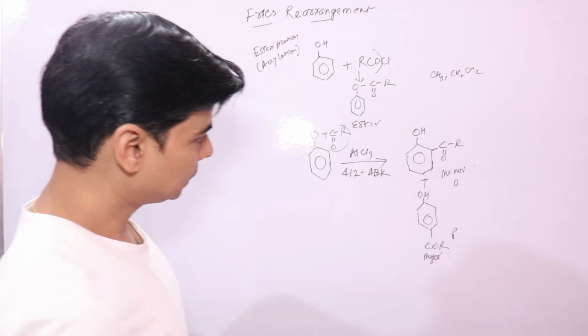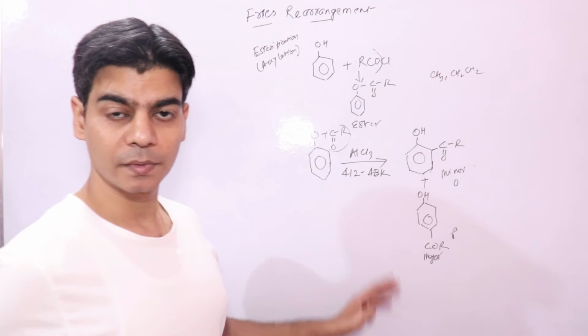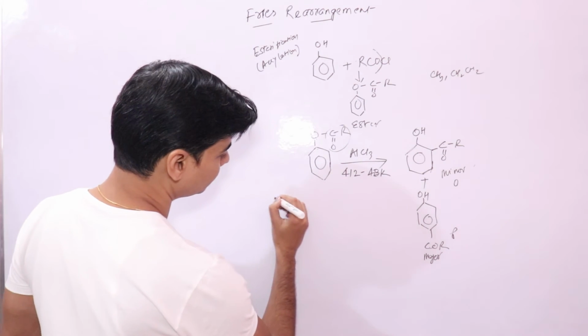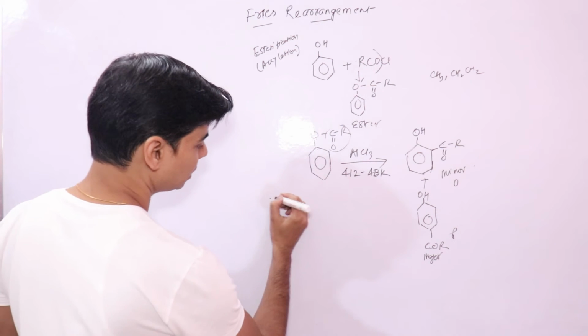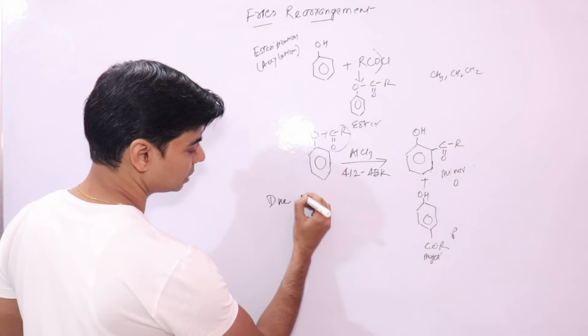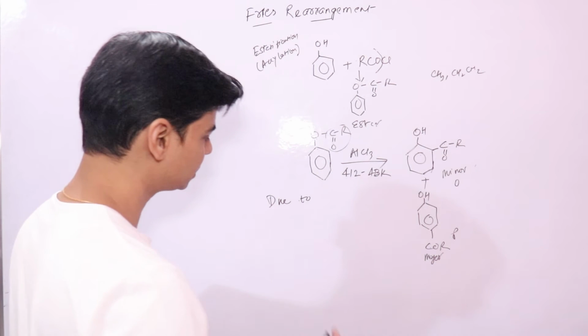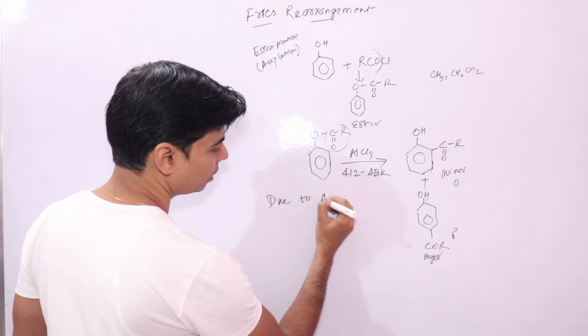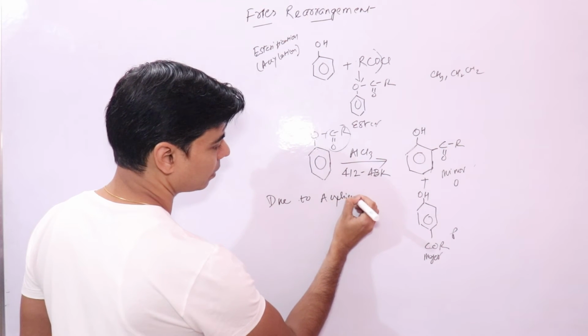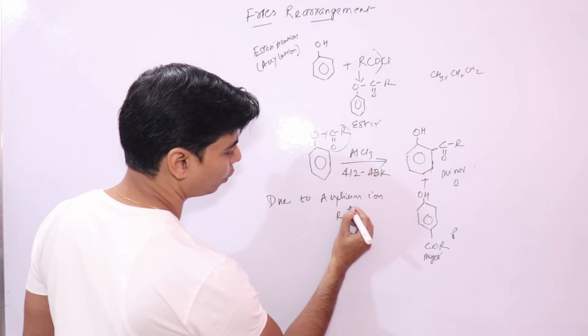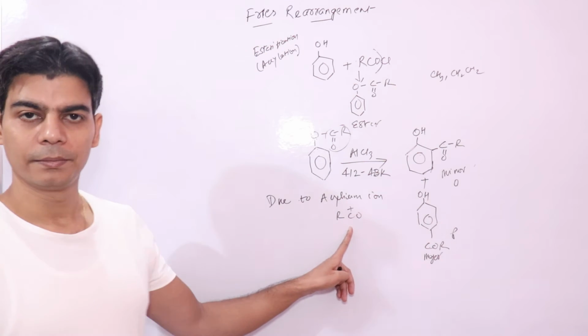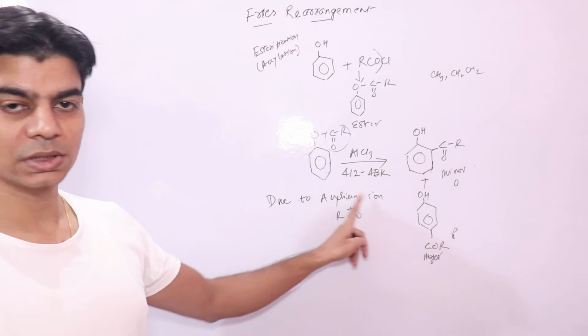The probable mechanism of this Fries rearrangement is that it occurs due to the acylium ion. The acylium ion is RCO+, this ion. This reaction occurs due to this acylium ion.